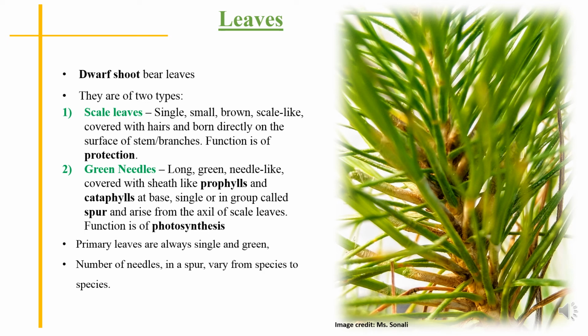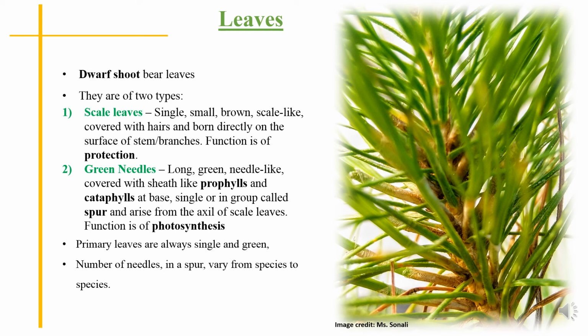This bunch at base is covered with outer and oppositely placed prophylls, and next to prophylls are present 6 to 8 white sheath-like cataphylls. The needles are free at tips. This bunch of needles is known as spur.